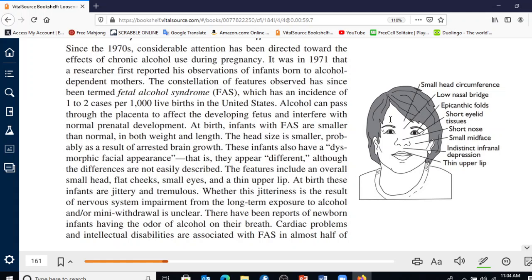They look like they were of the old mongoloid racial types when we use that division. So there's short eyelid tissues, narrow epicanthic folds, short nose, small mid-face, the indistinct infranasal depression. That's that little dimple between your nose and your top lip, and a thin upper lip.